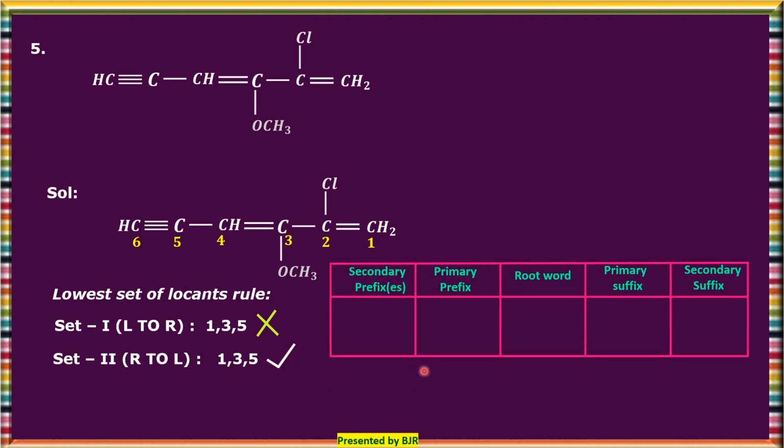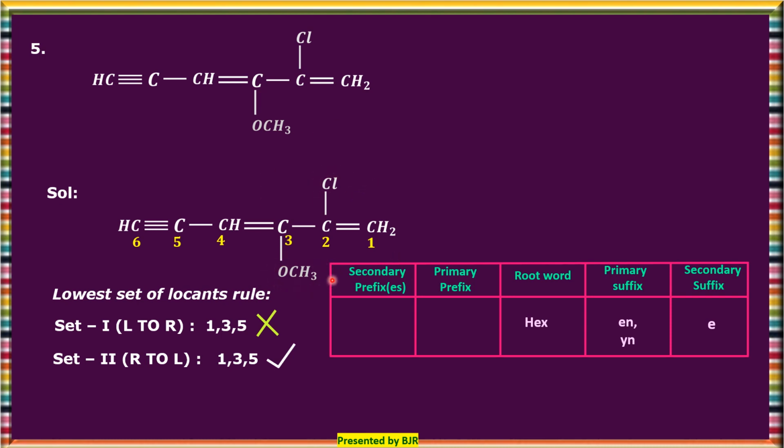and the root word is hex. Primary suffix, because this molecule contains both double and triple bonds. For that reason, primary suffix en and yn, secondary suffix e. And here there are two secondary prefixes, otherwise substituents.